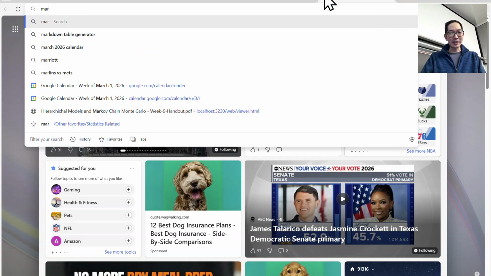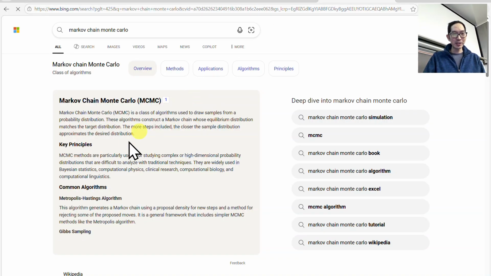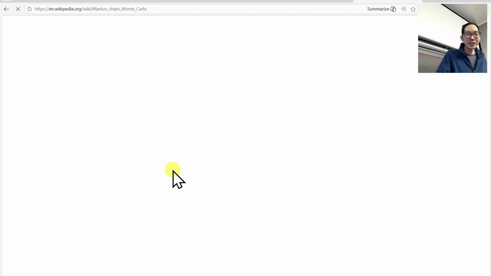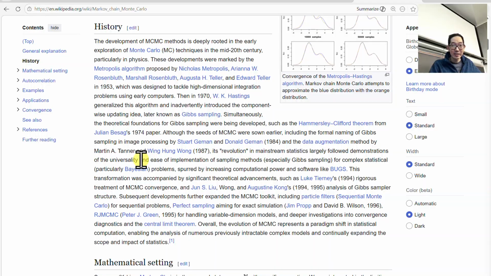This is Markov chain Monte Carlo. If you look up the history of MCMC, it actually originated back during the Manhattan Project.